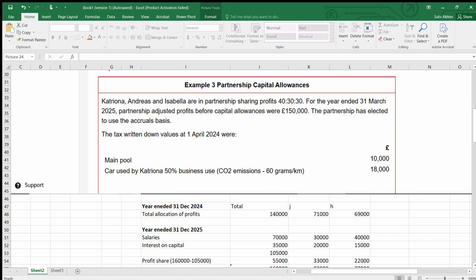I'm assuming you know the calculation of capital allowances, assuming you have watched my lecture 7, so I'm not going to explain it once again. Draw up the table, which is our norm for capital allowance: main pool. Then, because the car has private use, a separate column, car. 50% business use means only 50% you can claim for capital allowance, and your total allowances.